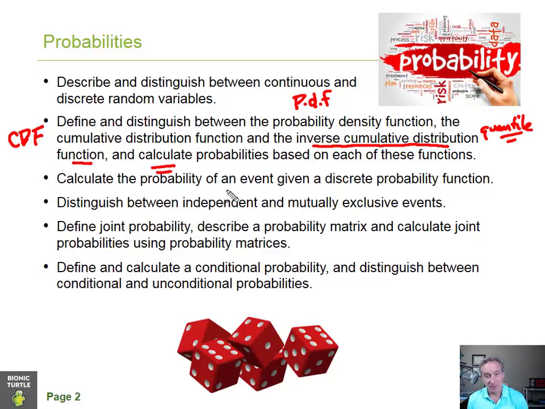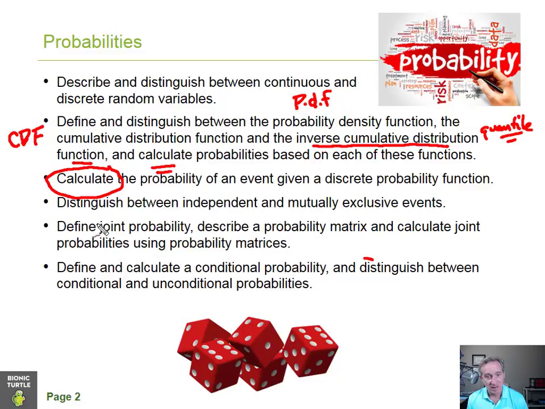We have calculate the probability of an event given a discrete probability function. As I've mentioned many times, we want to pay attention to the language, the particular semantics of the syllabus, for a couple of reasons. First, because it's been refined over the years.